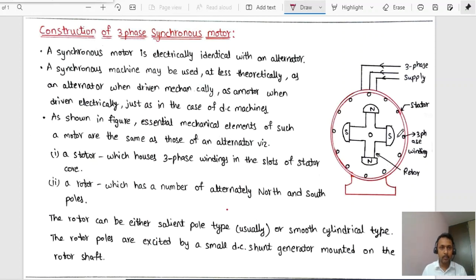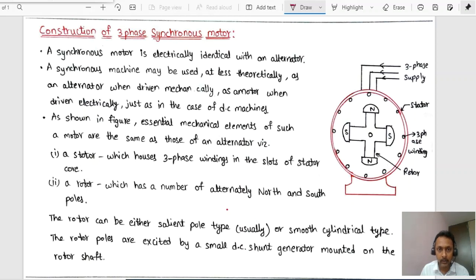Here, if you observe, the synchronous motor is almost electrically identical with an alternator, which is nothing but a synchronous generator, right? The same synchronous machine, if it is driven mechanically and the output is electrical, we call it a synchronous alternator or generator.